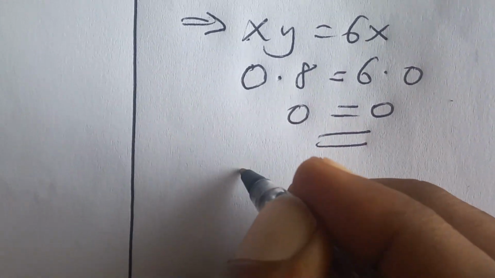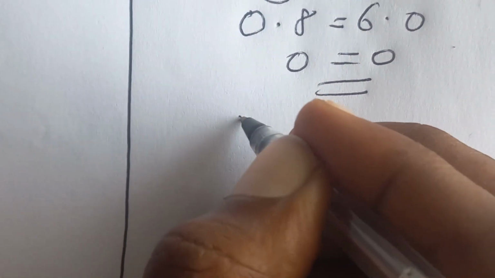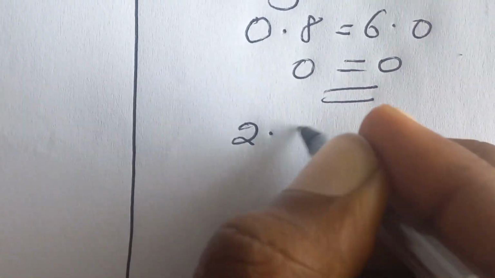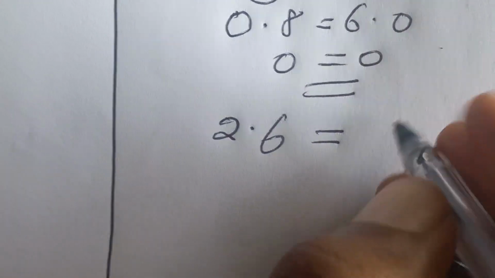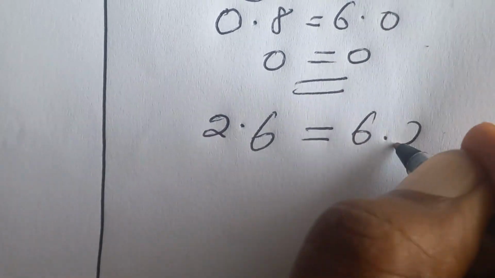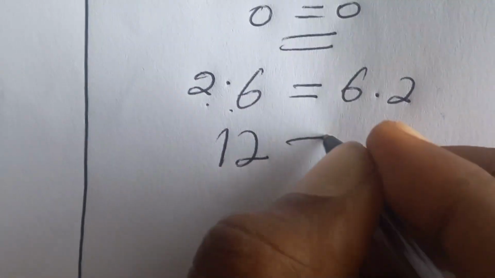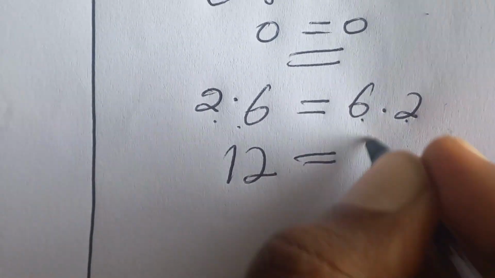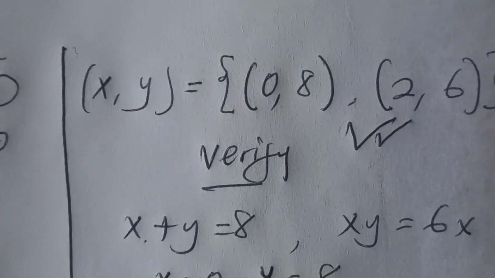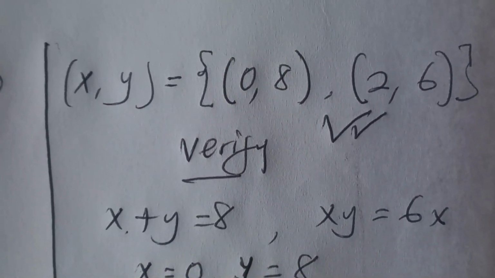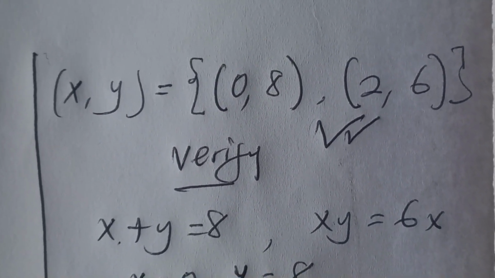And then the other one, when x is 2, we have 2 multiplied by 6, which is equal to 6 multiplied by 2. So 2 times 6 is 12, which is equal to 6 times 2, also 12. So our answer is correct for this question.